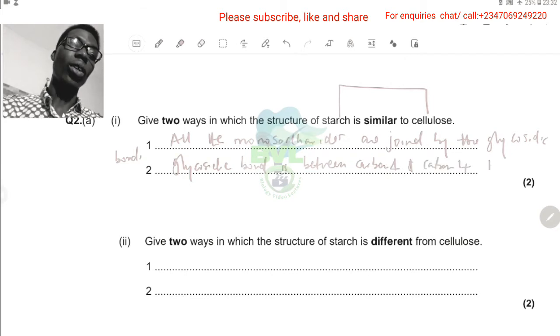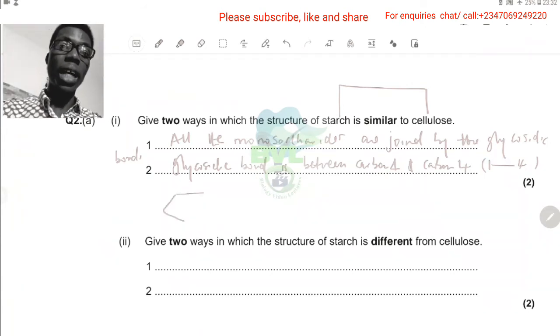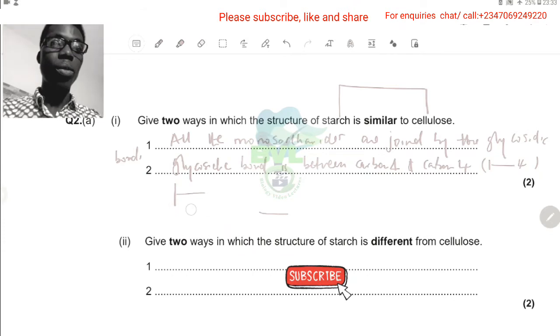So it's always like 1 to 4 glycosidic bonds, so to say. So this is what they have in common. All the monosaccharides are joined, of course, in that order. The glucose, like that. Then it goes on and on, like that, so to say. All right.